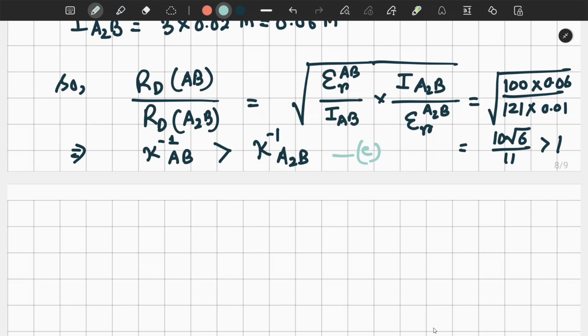Fugacity sometimes they ask, very trivial questions. Because it's not difficult, it's easy. If you know the Van der Waals equation, instead of pressure there will be fugacity. That's why I'll not discuss it in much detail. Maximum 30 to 45 minutes, under 45 minutes it will be covered. Two, three questions from that fugacity part we will discuss, and it will be enough.